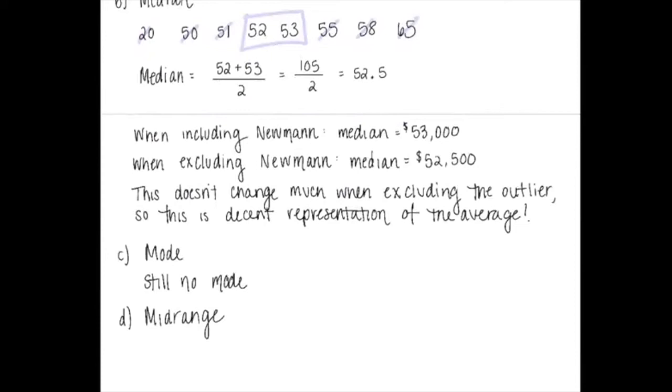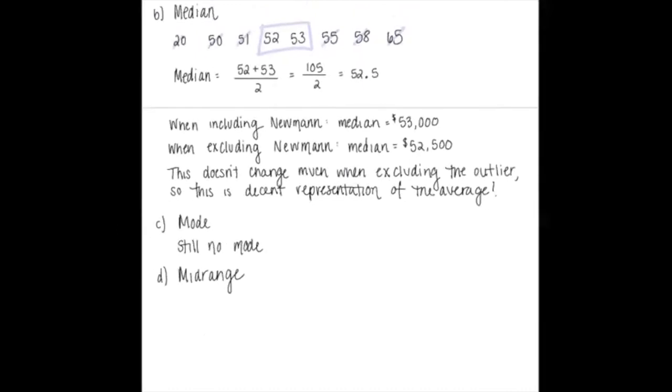So let's see. I need to pull this up in my calculator because I don't think what I have is right. Our highest value is 65,000 without Newman. Our lowest value is the 20,000.